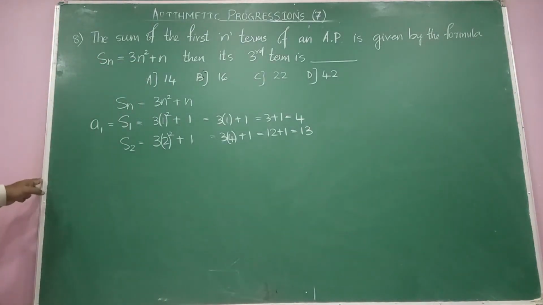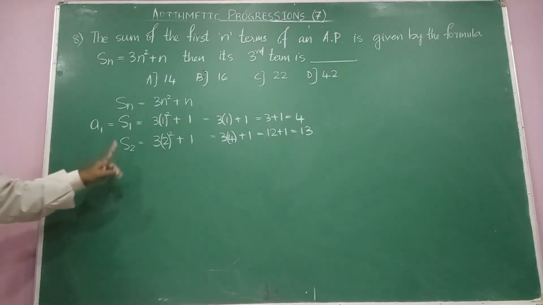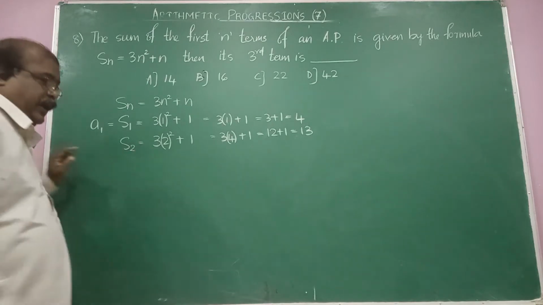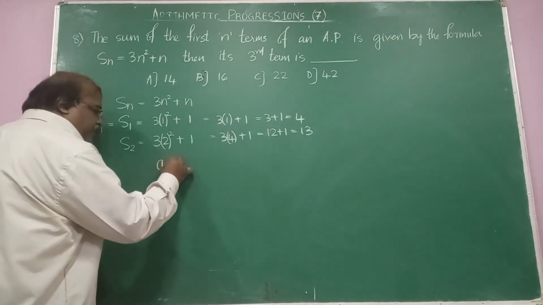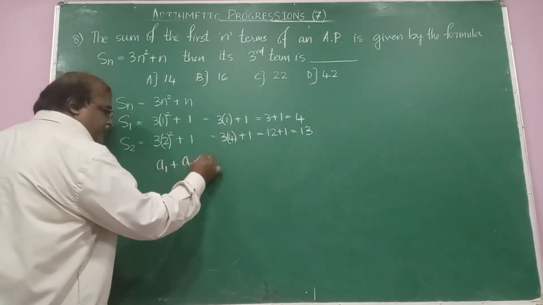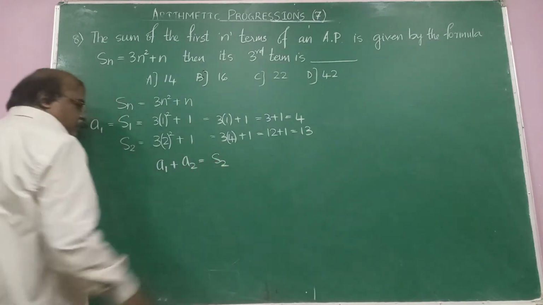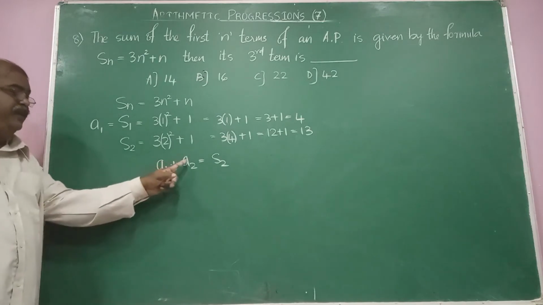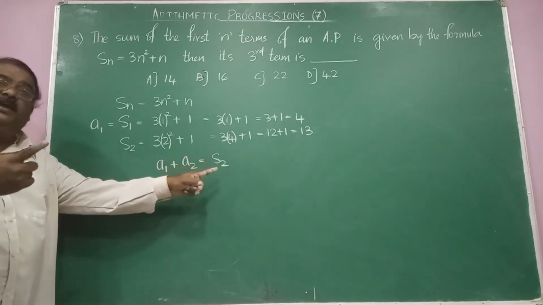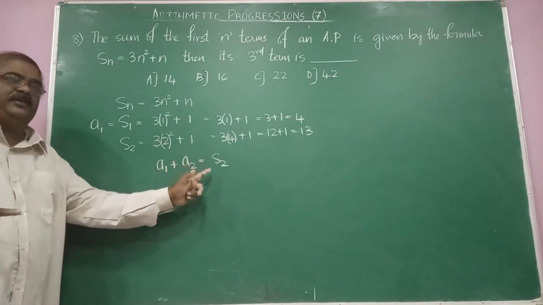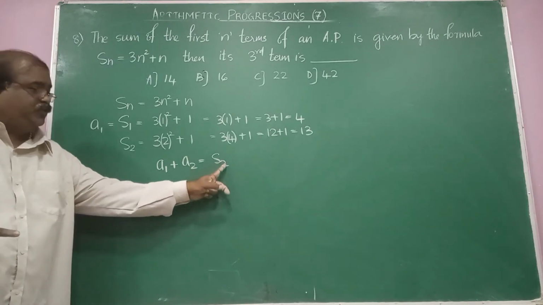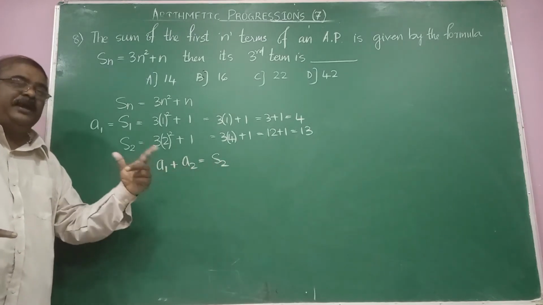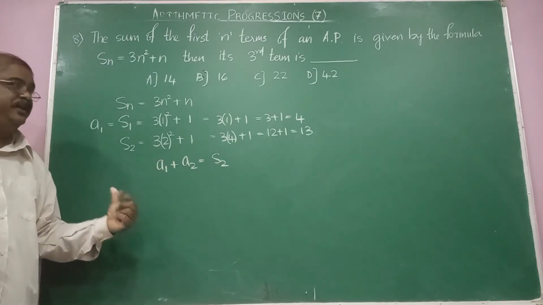Now what I have got is S2. S2 is nothing but the sum of the first two terms. Remember, A1 plus A2 is S2. What is S3? A1 plus A2 plus A3 is S3. S2 means sum of the first two terms. S3 is the sum of the first three terms.